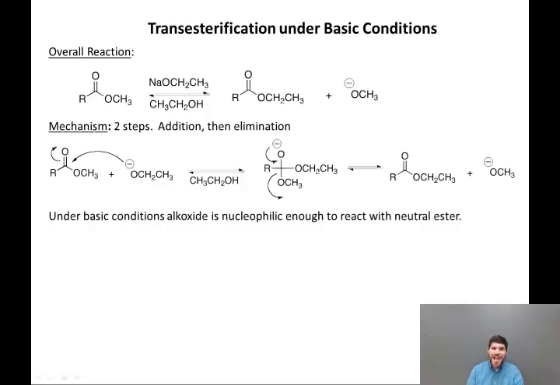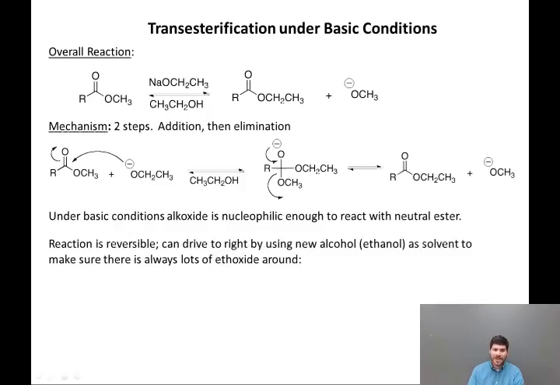Okay, so since this reaction is taking place under basic conditions, the alkoxide is nucleophilic enough to react with the neutral ester. And now, what you should definitely be able to figure out is that this reaction is reversible. There is no reason why the products, an ethyl ester plus methoxide, will not just go back and give the reactants, a methyl ester plus ethoxide.